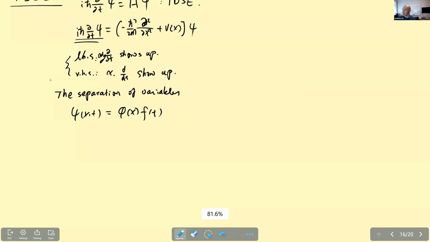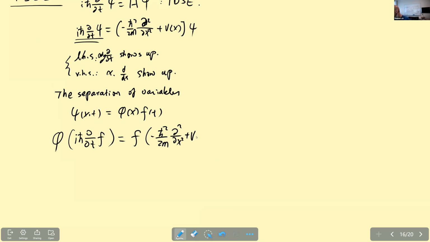You find that the equation becomes i h bar partial t of f, times phi, because phi depends only on x, so you can move it outside. On the right hand side, you can move f outside, and then you have only an operator defined in x. Then you can move these terms around.